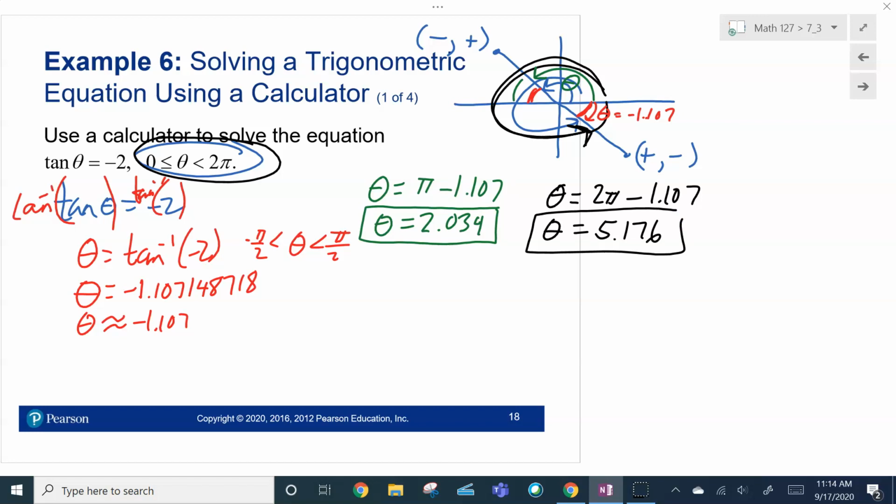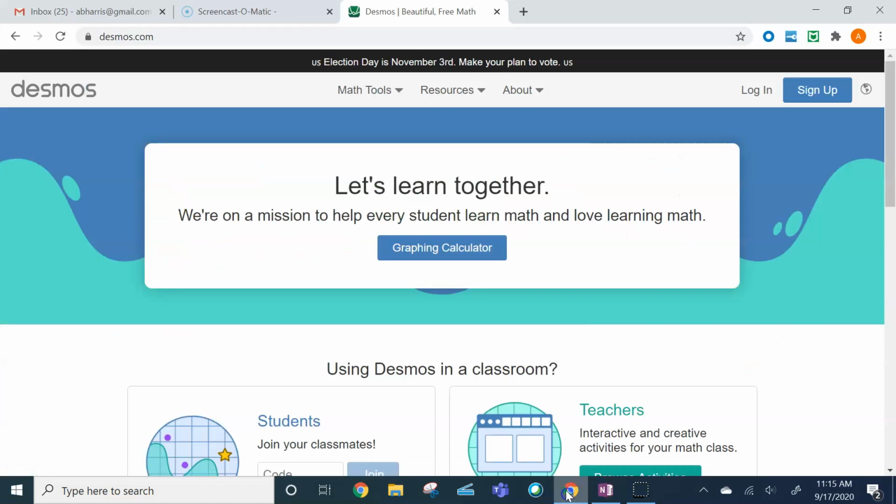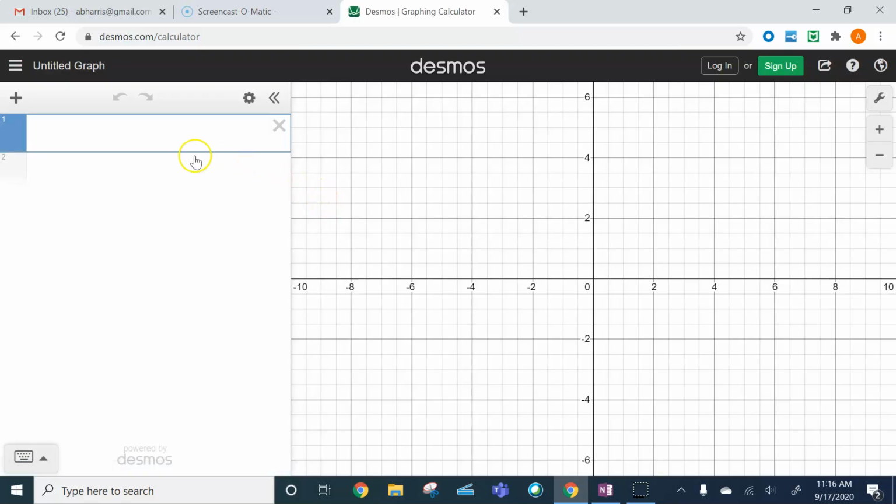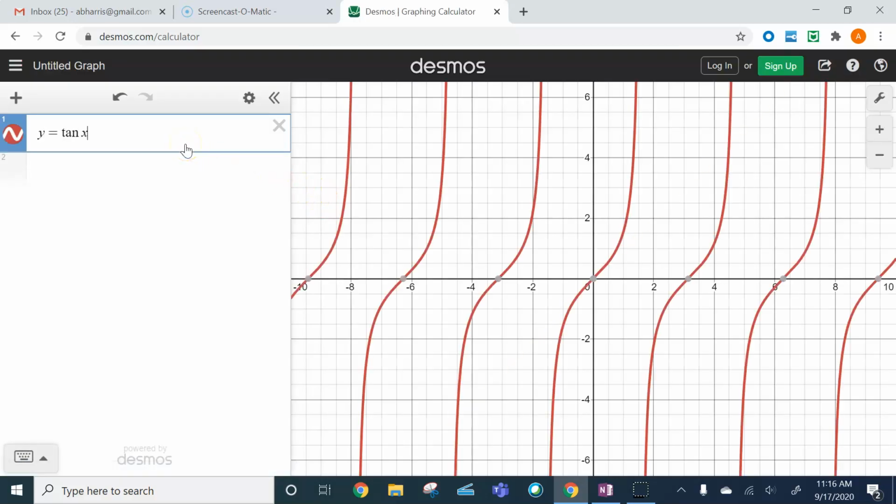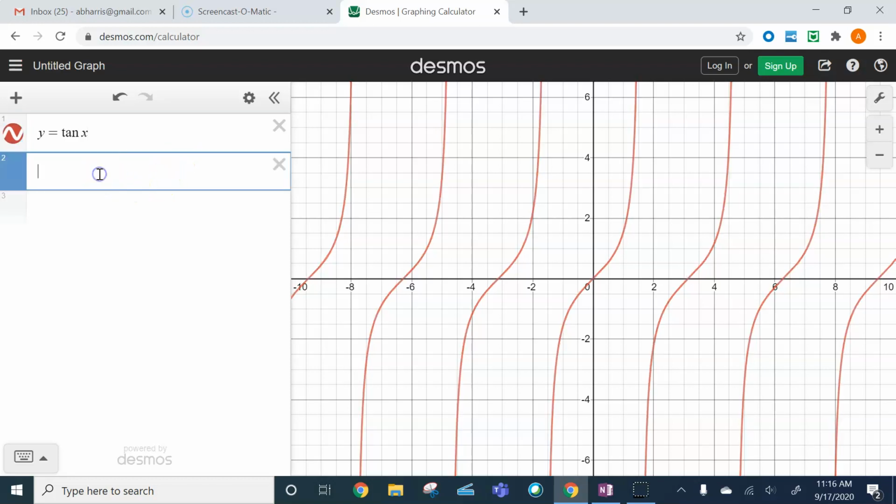Another way you could think about this is y equals the tangent of x, and then y equals -2. In fact, let me pull it up with decimals instead of drawing this. Here's y equals the tangent of x.